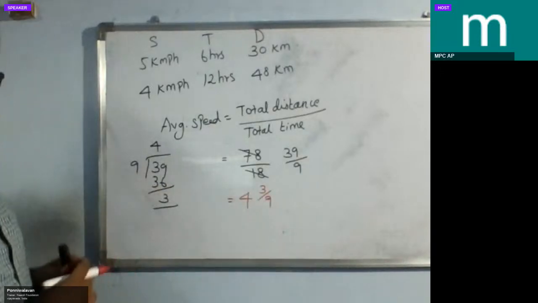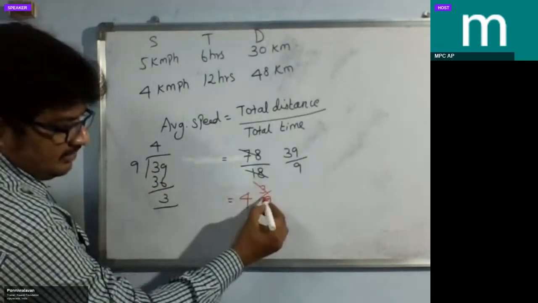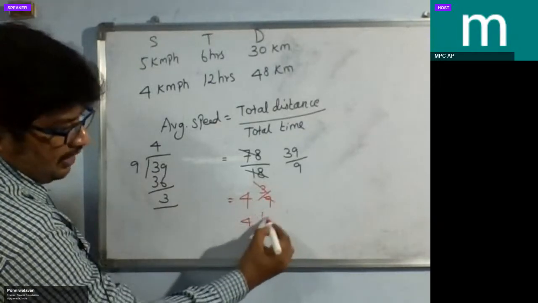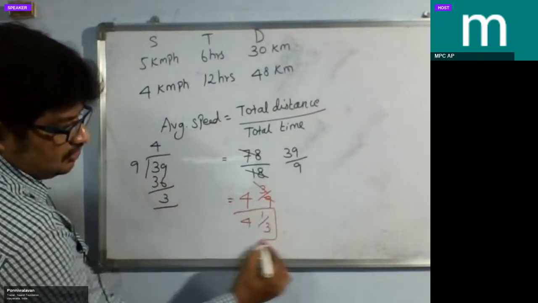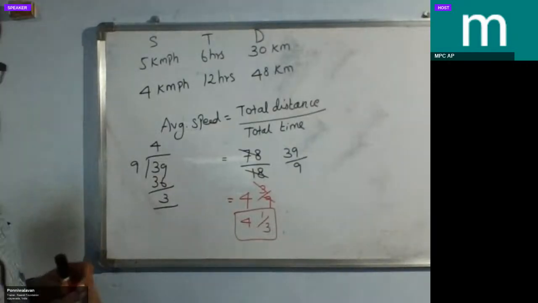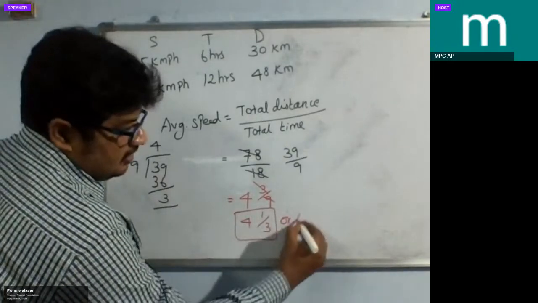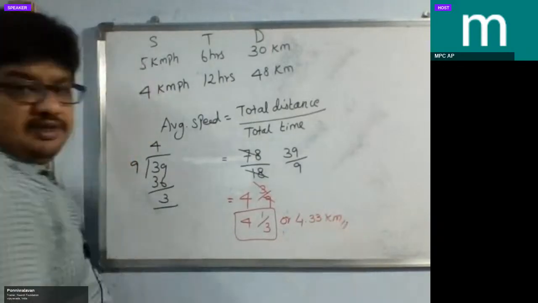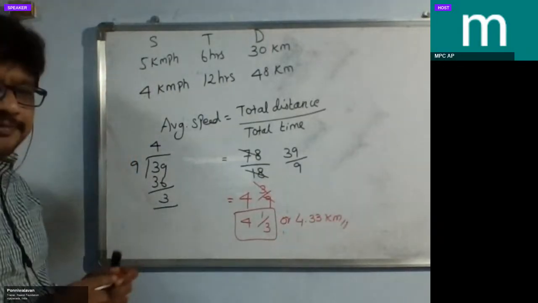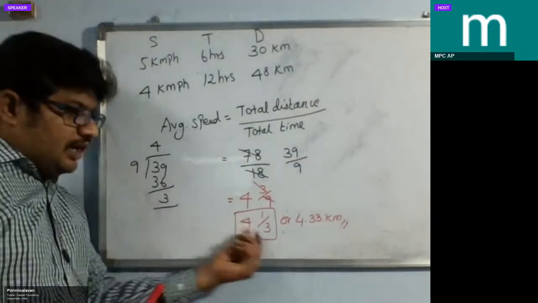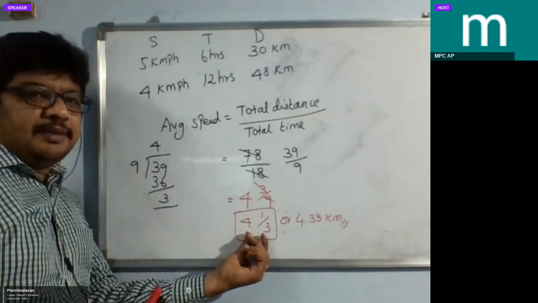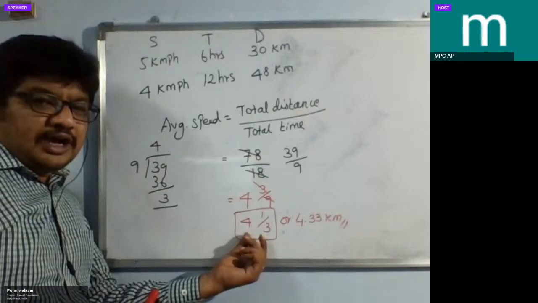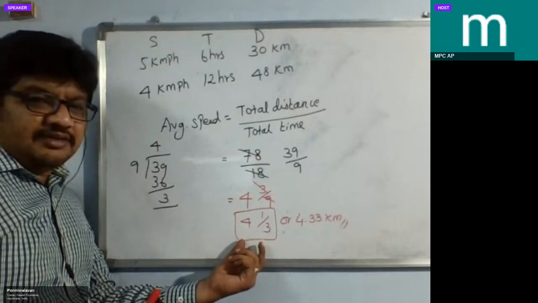If you divide by 3, it is 4 and 1 by 3, or we can call it 4.33 kilometer per hour. Are you clear how to convert it as a mixed fraction?